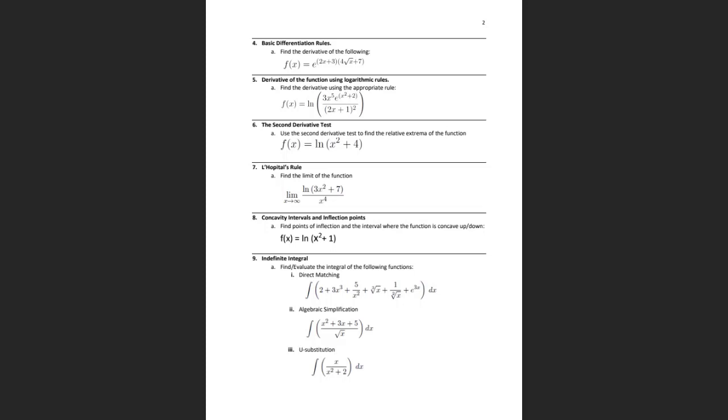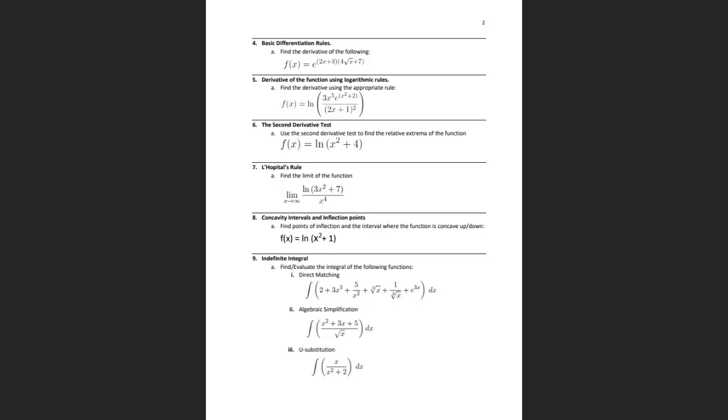Okay, so for 4, I got e to the 2x plus 3 times 4 root x plus 7, and then I took the derivative of the exponent, and I applied the product rule. So that was 2 times 4 root x plus 7, plus 2x to the negative half times e to the 2x plus 3.